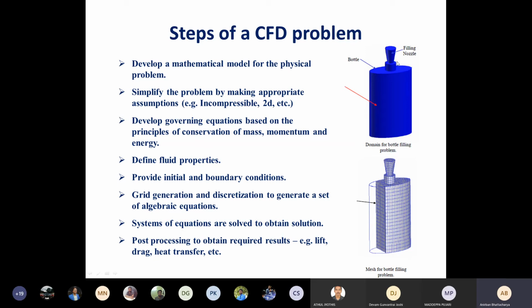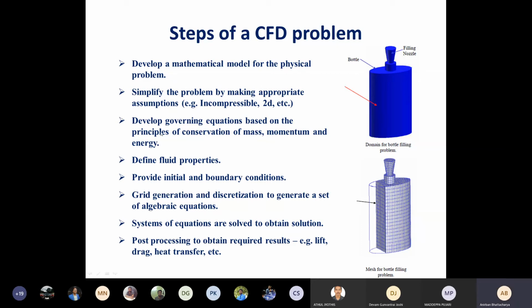But if our computational resources allow us to solve for 3D, 3D will give us a more appropriate picture. Similarly, whether it is an incompressible flow or not, what are the limitations for, say, a heat transfer problem, whether radiation effects are important or we can ignore the radiation. So a lot of assumptions can be taken and we simplify the problem.